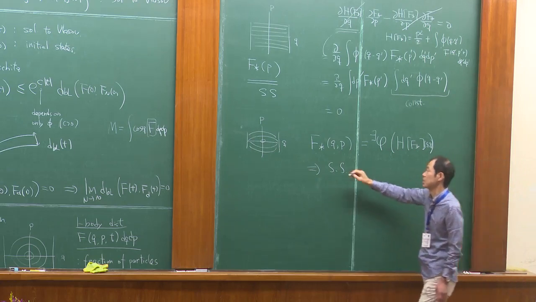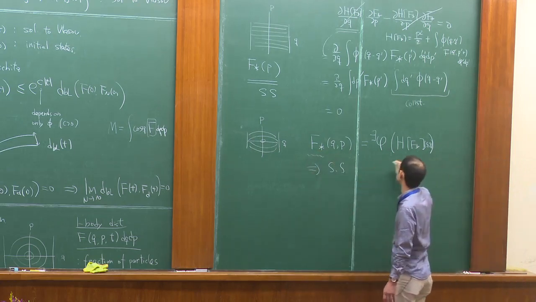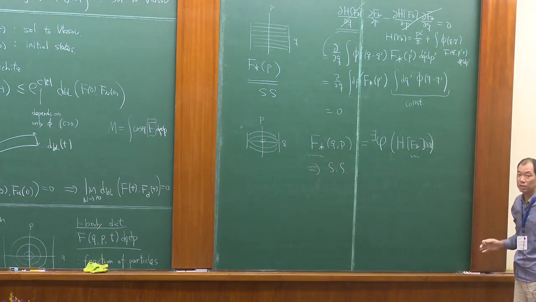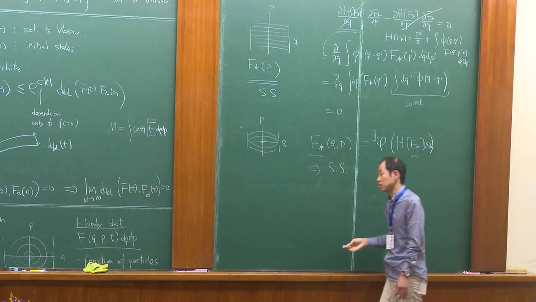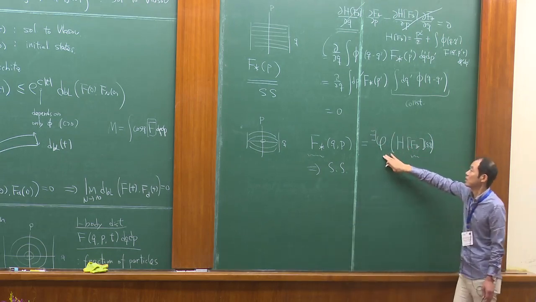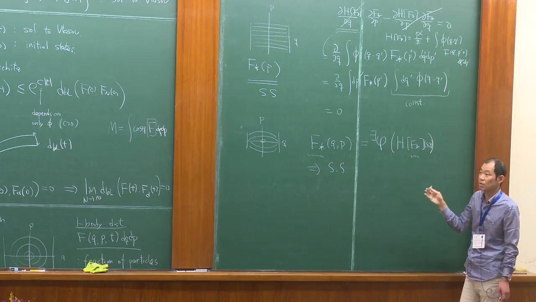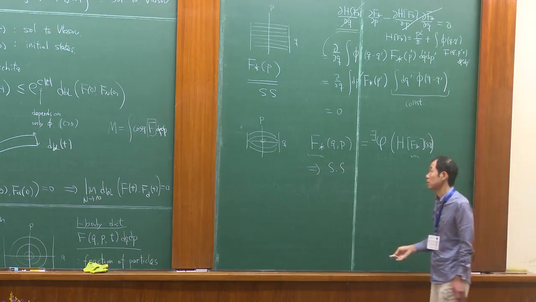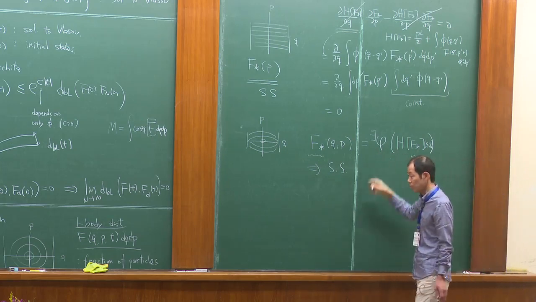Because F star is here and also there, we have to solve a self-consistent equation for F star, but it is possible. So if we give some function, then we get a stationary state.